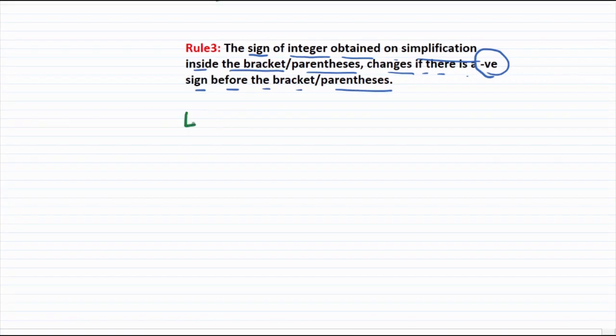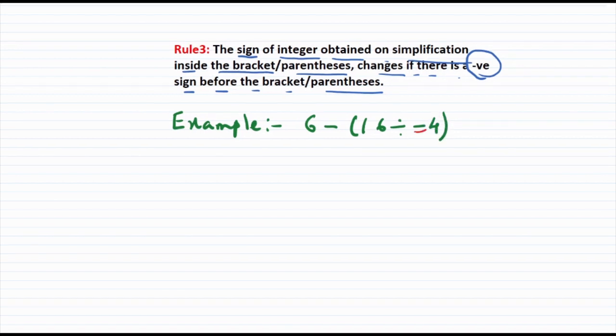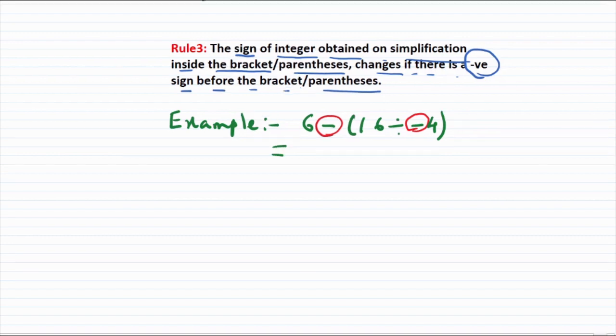Let's take an example of this type. 6 minus parenthesis 16 divided by negative 4. Let's look at this part. Here is one negative sign and before the parenthesis here is the negative sign. So when we do this simplification, first let's keep this intact and finish the operation of the part inside the parenthesis.